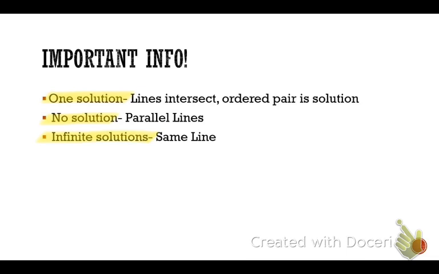Parallel lines have the same slope. That will help you on number 19 on your homework tonight. Infinite solution means that it's the same line. If I were to graph it, it's the exact same line. And there are also ways I can identify that not on a graph. So we're going to look at our different options.